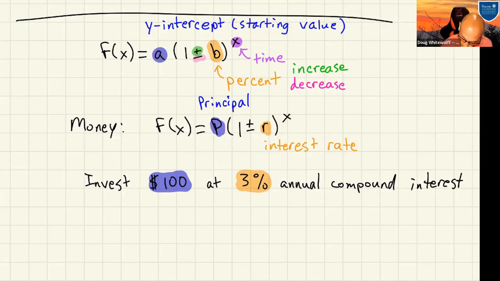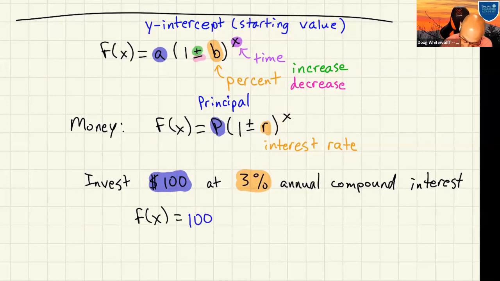So in this case, our function is f of x is equal to 100. That's our principal, our starting value. 1 plus, because it's an interest rate. We're accumulating, and it's an investment. It's going up.